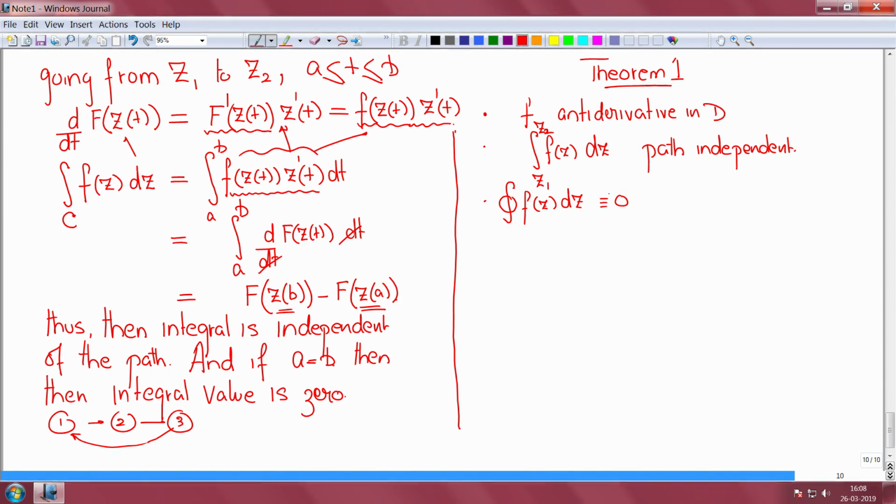So if any one statement is true, the other two are also true.